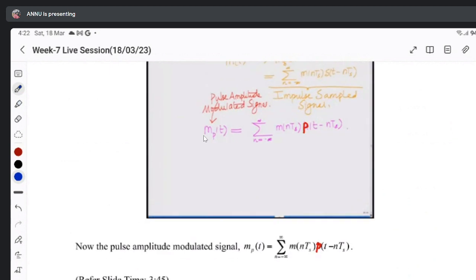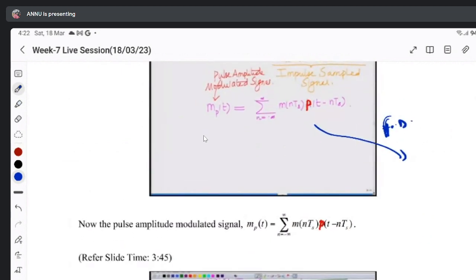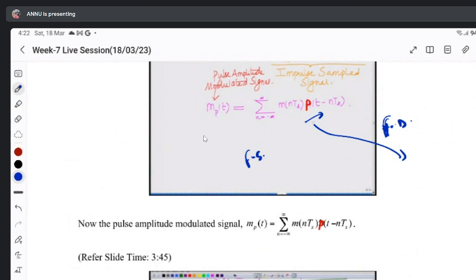Now, what does the frequency domain of this look like? The similar expression using the sinc function, because what we'll do here, the multiplication, we will write this as a Fourier series, and then the Fourier series will convolve with M. First, the Fourier series representation of the pulse p(t), which is a periodic function.